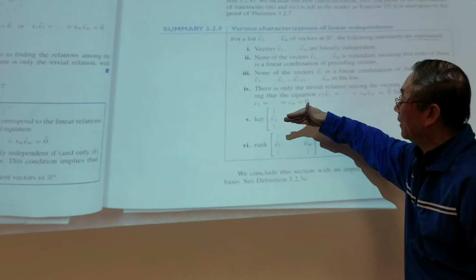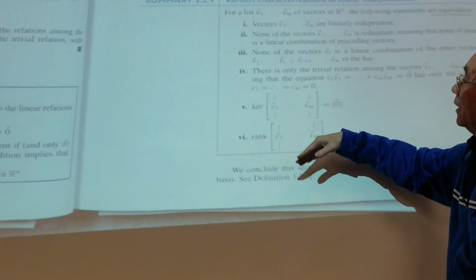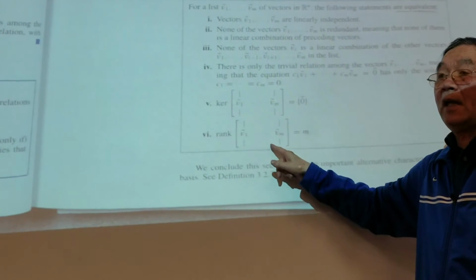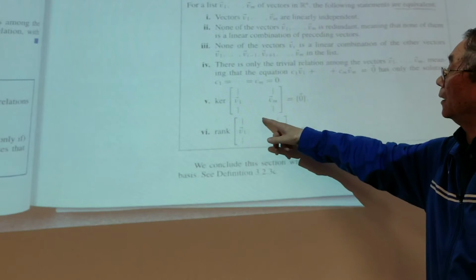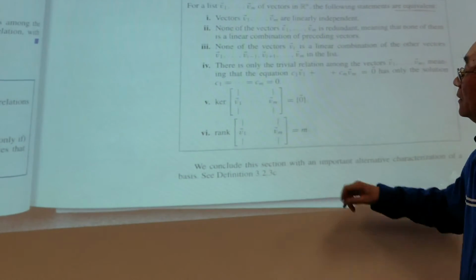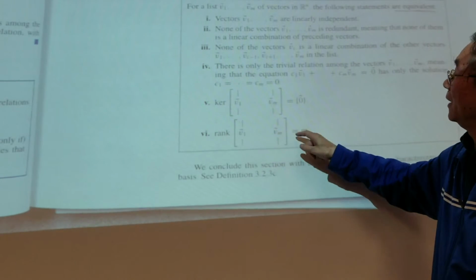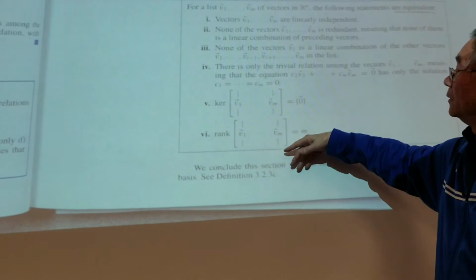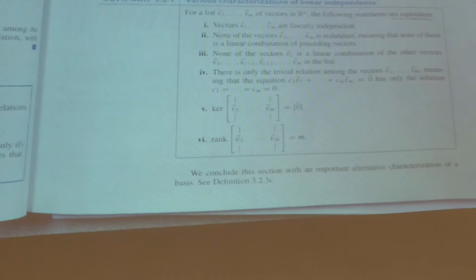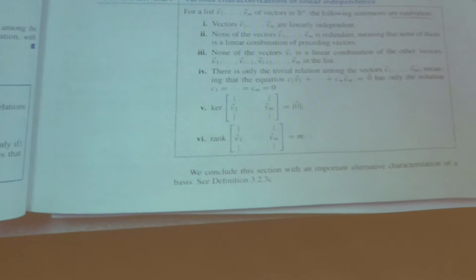That means the number of leading ones after you write this matrix as RREF. You count how many leading ones. The number of leading ones equals m. So in that case, the matrix cannot be one that looks like this, with more columns than rows.